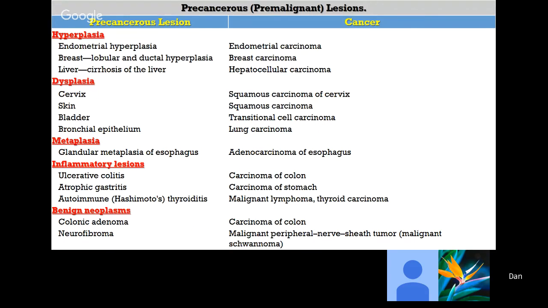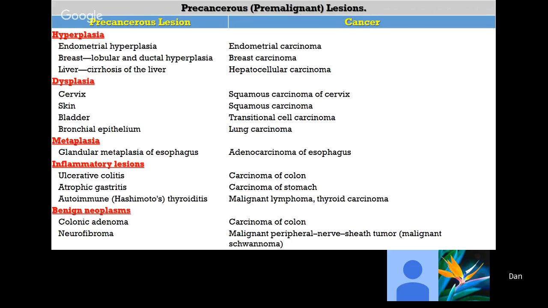So with hyperplasia, like I was explaining, some hyperplasia goes back to normal because it is physiological, but some is abnormal, and that will give you, for example, endometrial hyperplasia. If you have estrogenic impregnation, it can give you endometrial carcinomas. And this is, like I said, one of the most common cancers in elderly, postmenopausal women.